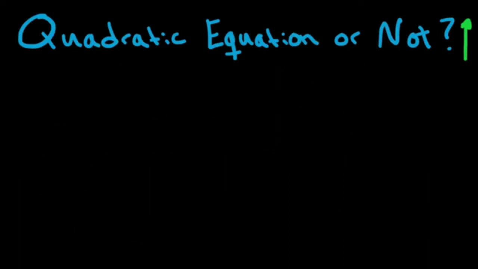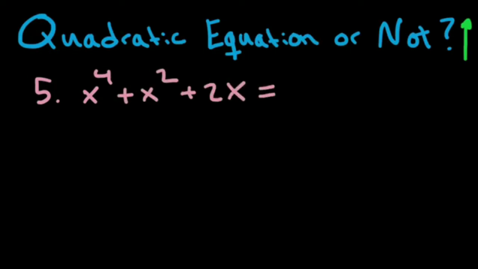Let's do some more here. Example 5 now. Let's say we have an equation that looks like this: x to the power of 4 plus x to the power of 2 plus 2x is equal to 0. Now, is this a quadratic equation or not?